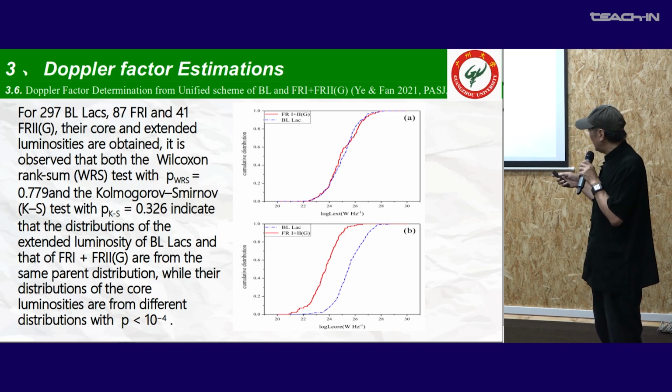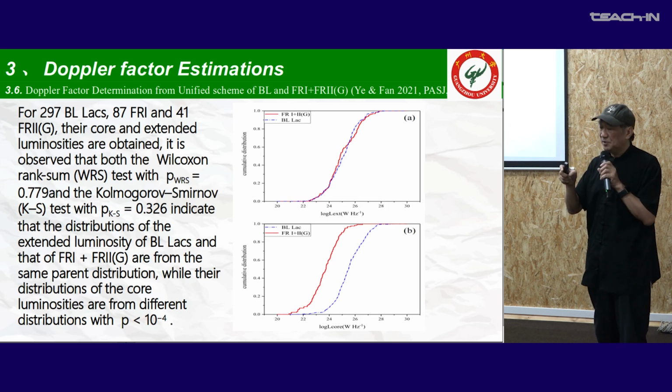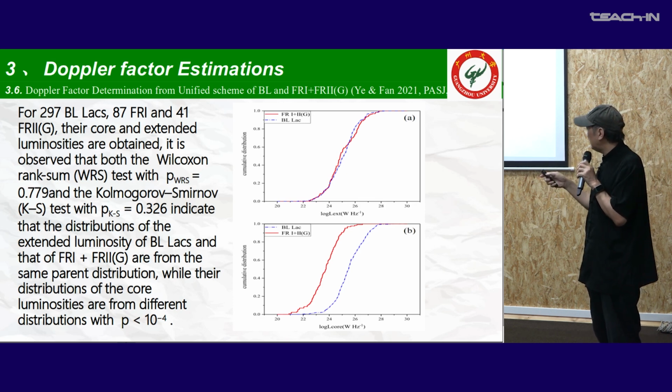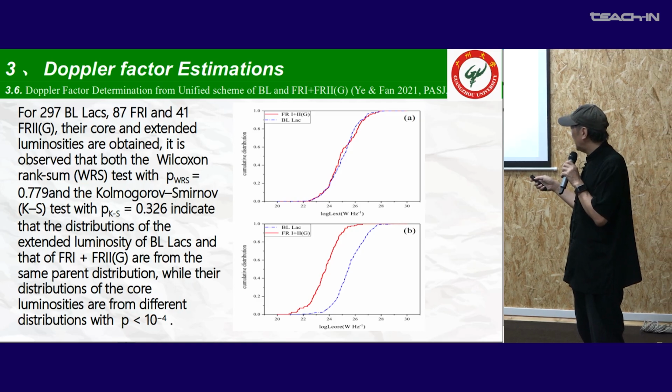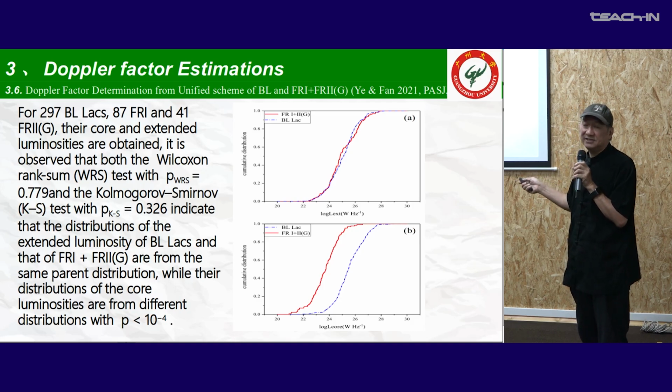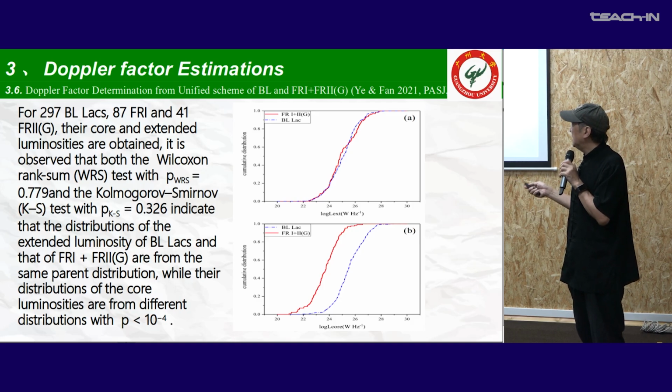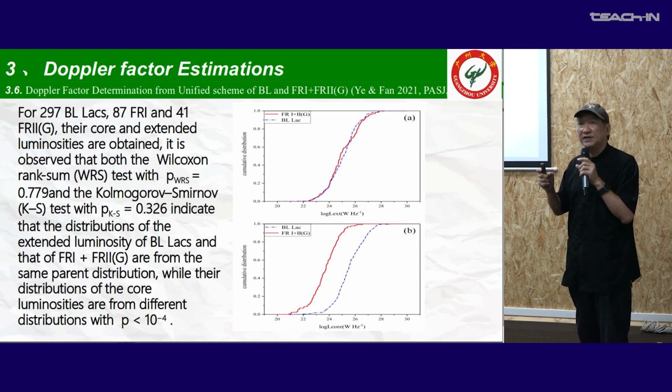We consider a sample of many BL Lacs and many FR1 and FR2 galaxies. We compared the extended radio luminosity between BL Lac objects and FR1 and FR2 galaxies. We found the extended luminosities are almost the same. So it also supports that BL Lac objects and FR1, FR2 galaxies are unified.